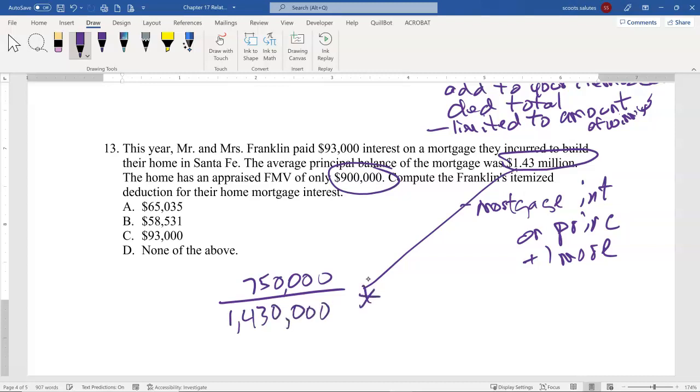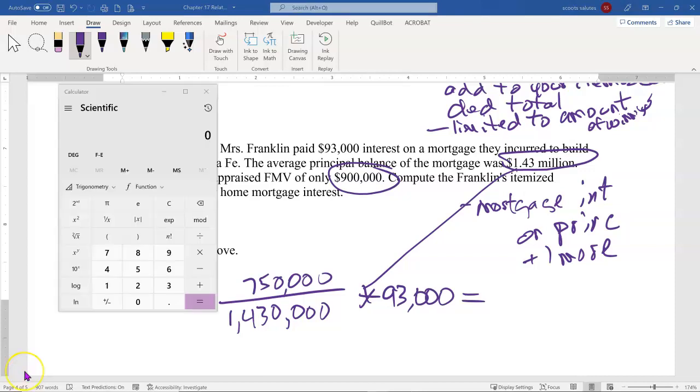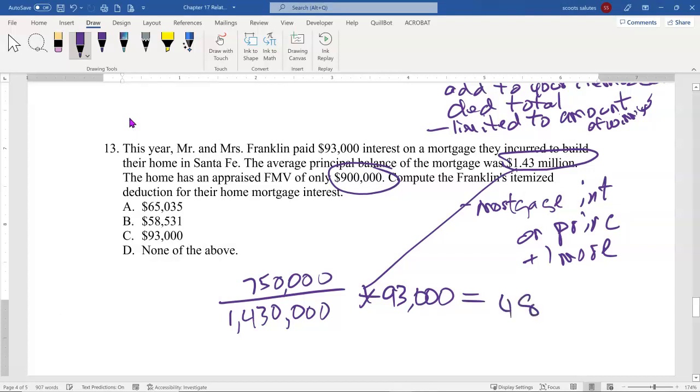You take that and multiply it by the $93,000 of interest, and that answer gives you what's going to be allowed. So let's take the 750 divided by 1,430,000, and multiply that by 93,000. What's going to be deductible is $48,776.